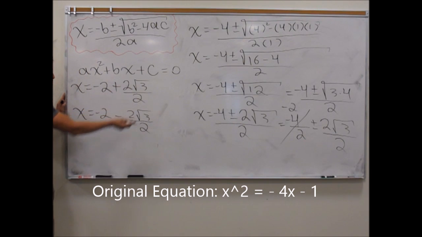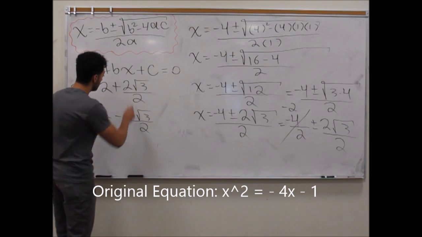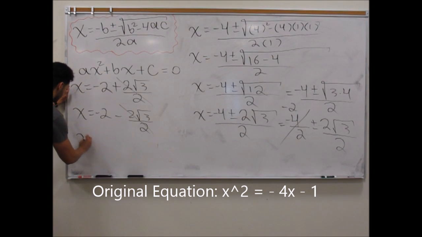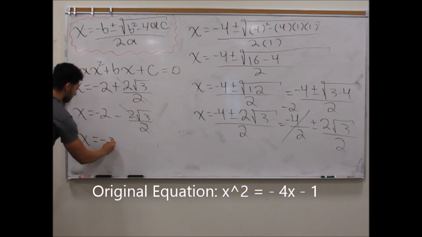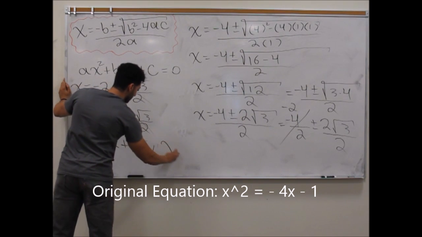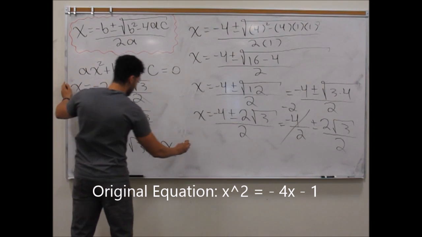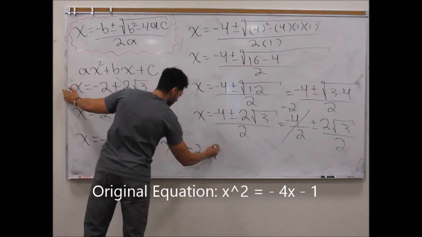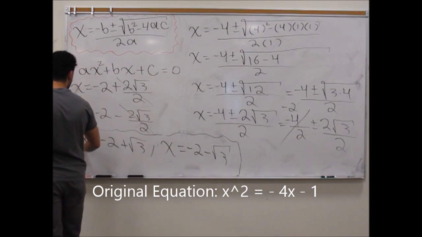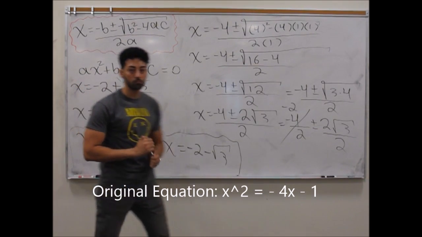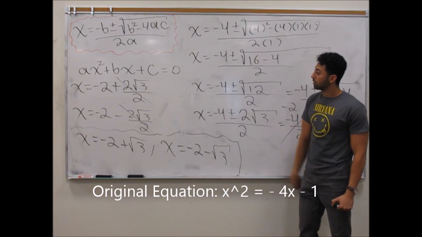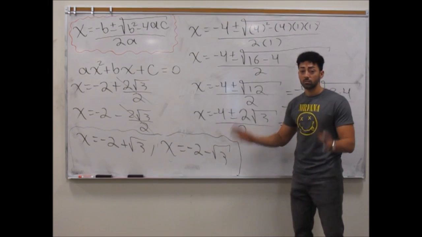And notice these 2's just slice off like butter. So there goes that and that. So our solutions that we get are x is equal to negative 2 plus rad 3 and x is equal to negative 2 minus rad 3. So these are the solutions that I got. It's really not bad, it's all just plugging in, so just make sure you don't make an algebra mistake.